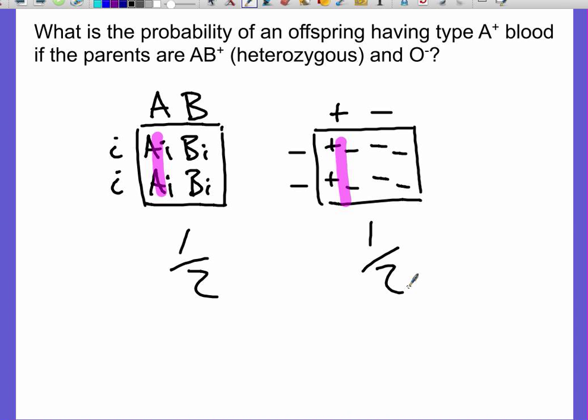What you need to do when you're combining two different parts of this together is you need to multiply those two fractions, 1/2 times the other half, and that's going to give you a 1/4 probability of having that A positive blood type. So again, you do the letter type and the Rh factor separately, combine those two probabilities by multiplying, and that'll give you your probability for whatever type it is that you're looking for.